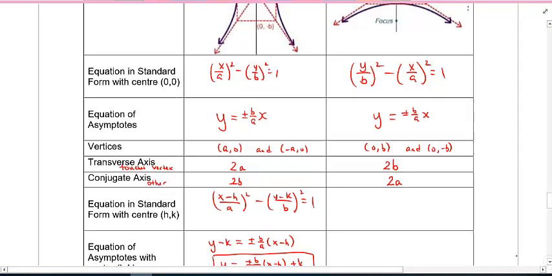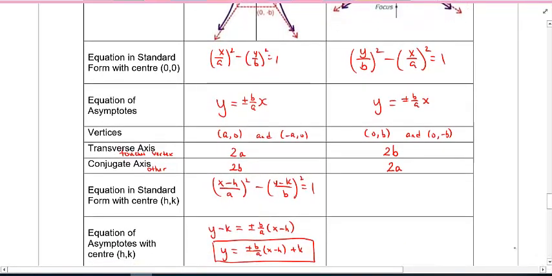And once again, if I were to change the equation and shift it to h comma k, it's (y minus k) over b all squared, minus (x minus h) over a all squared equals 1. And similarly, I think the equation of the asymptote is still the same.